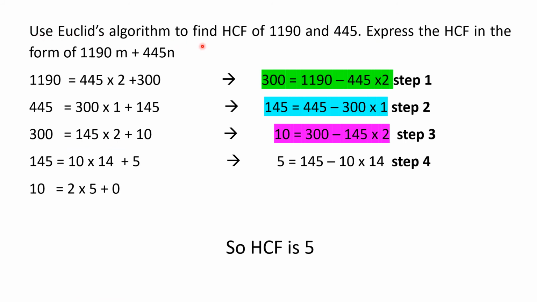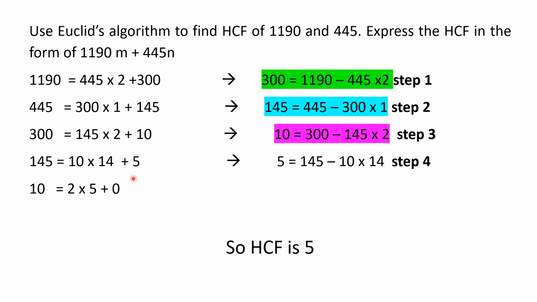Use Euclid's algorithm to find the HCF of 1190 and 445. Express the HCF in the form of 1190m plus 445n. So for this also you have to find the HCF using Euclid's division lemma, and you will find out the HCF is 5. And the last step you leave.